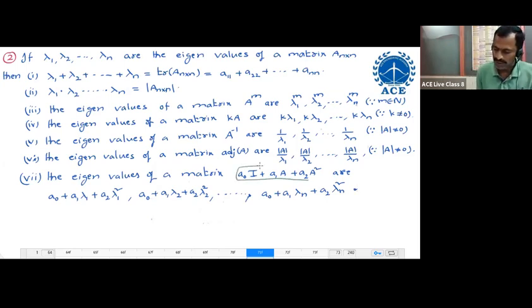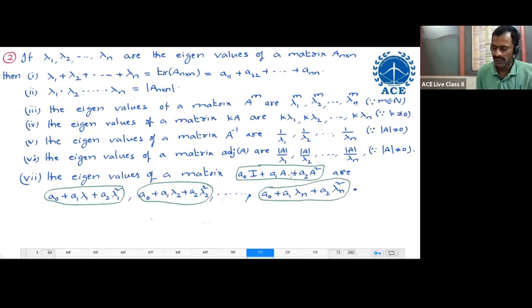For this matrix of the form, these are the particular eigenvalues. If you know the eigenvalues of matrix A, we can write the eigenvalues of any matrix of the form like this.